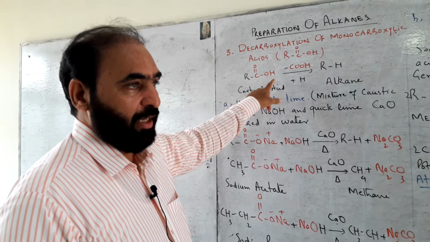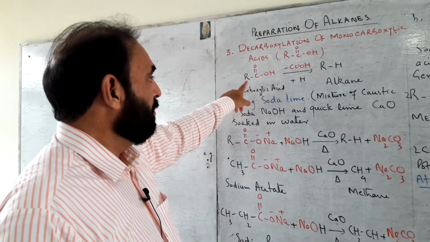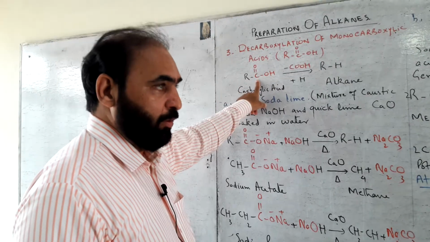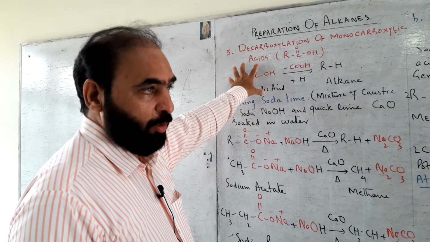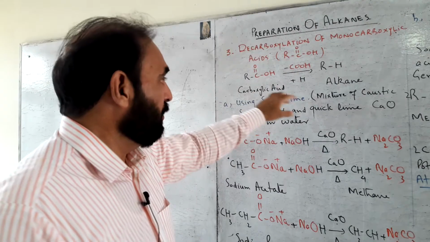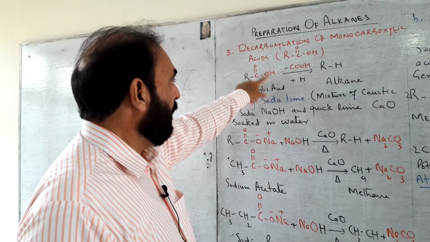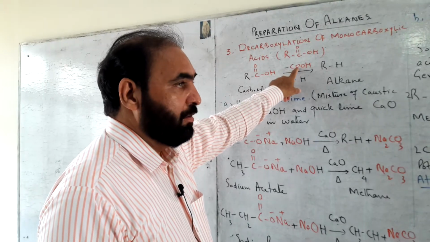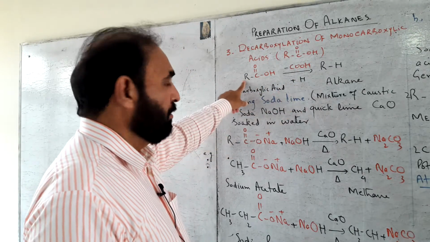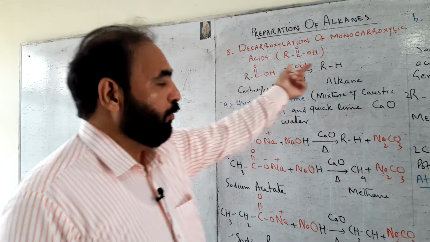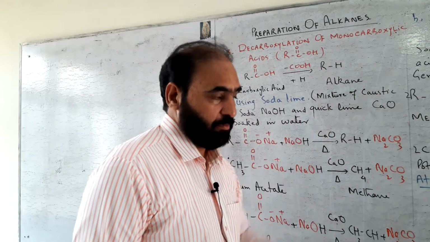Generally, the reaction can be written as RC double bond O OH. This is a monocarboxylic acid having one carboxyl group. When the carboxyl group is removed and hydrogen is attached with the R group, we get alkane.